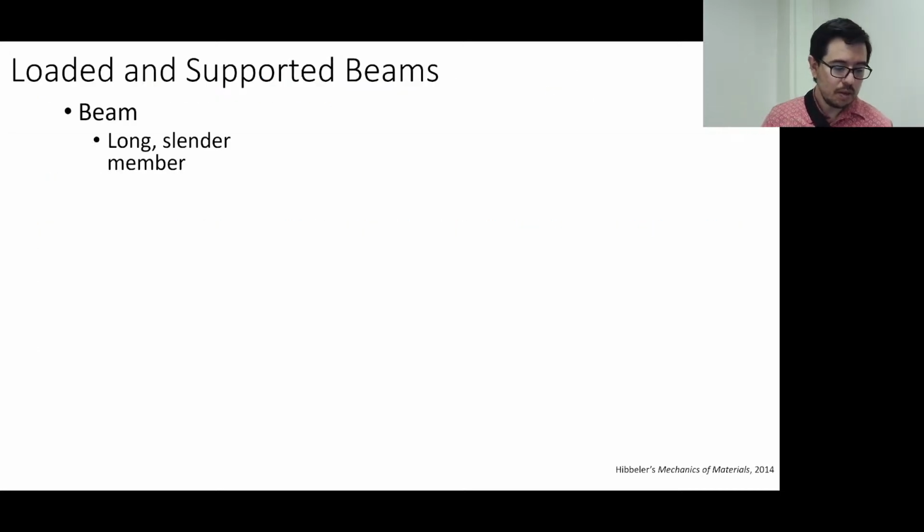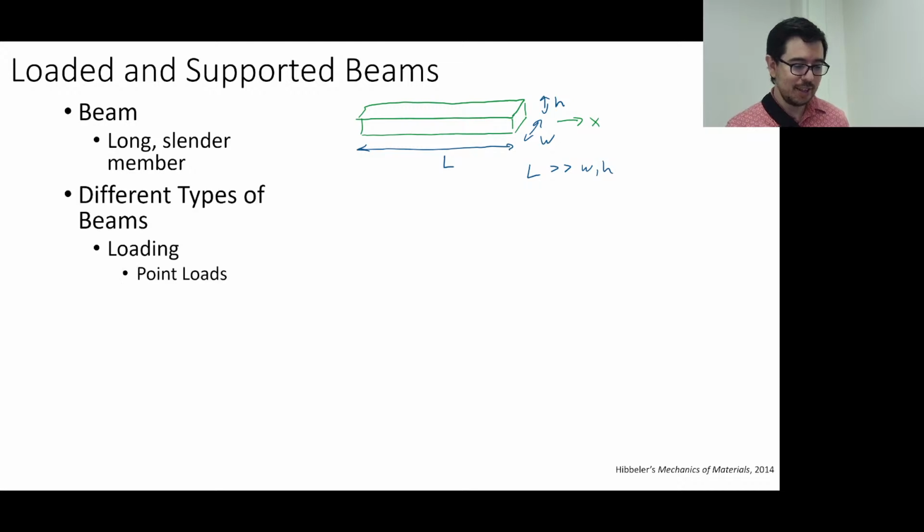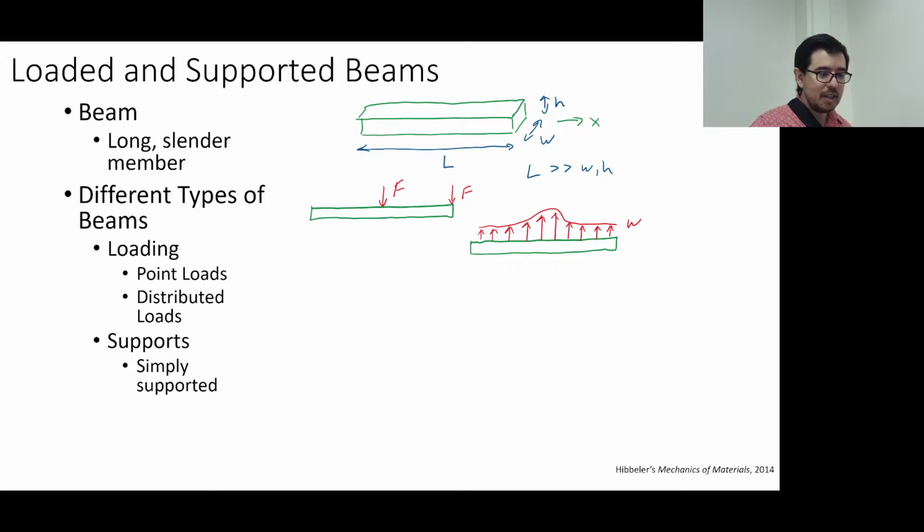So beams are long, slender members, okay? And you're like, yes, I remember this from statics. There are different types of loads, though, that you can have on a beam. You can have a point load, or a concentrated force at a given location. You can have distributed loads, which, of course, you probably rather not have. You can have different types of supports.